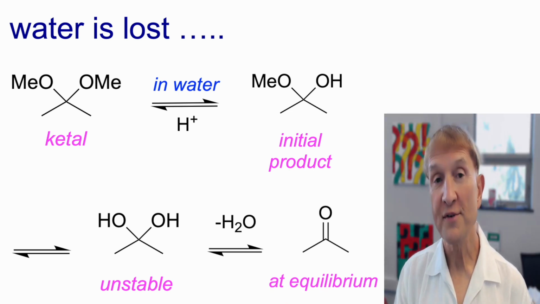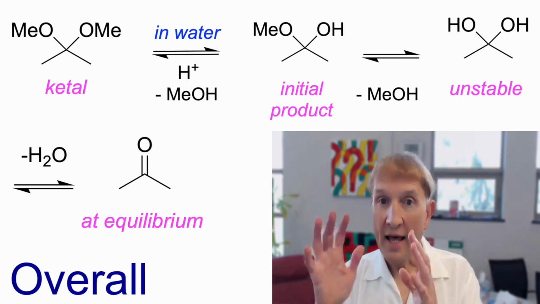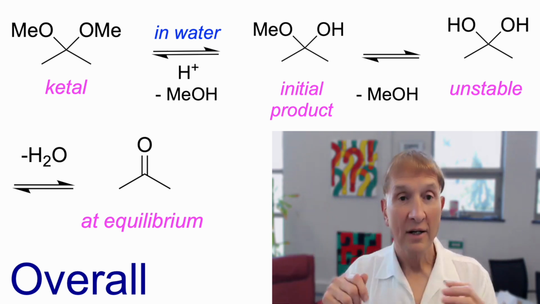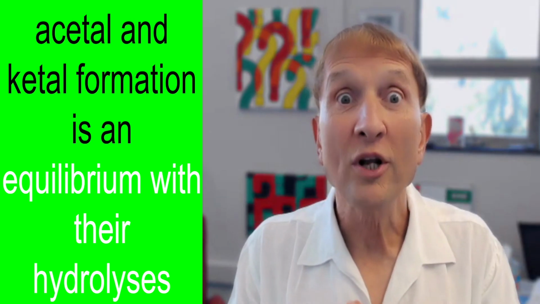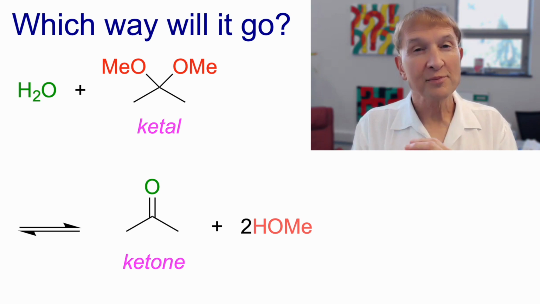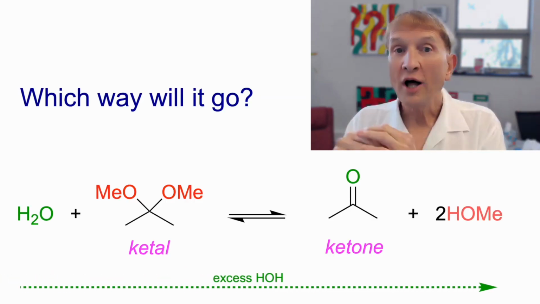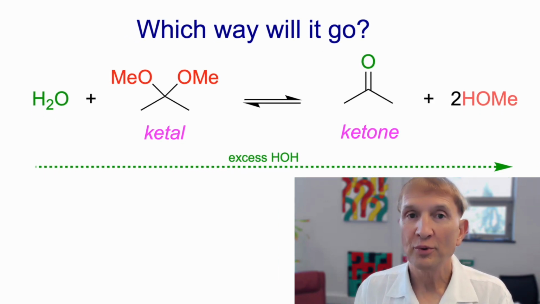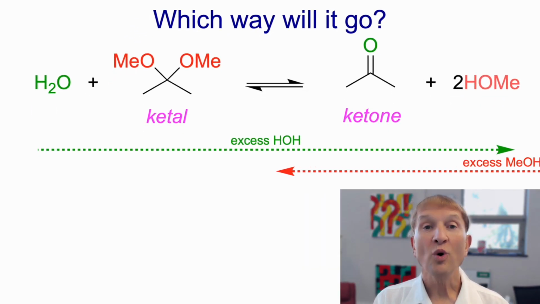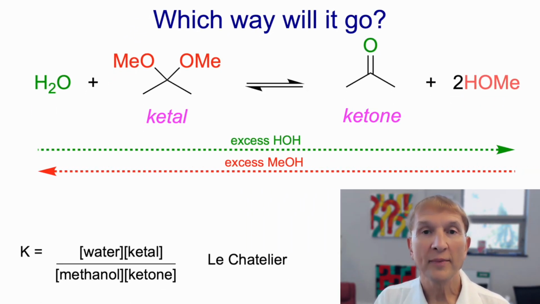The overall process then, ketal, hemiketal, hydrate, ketone, is an equilibrium. And it's influenced by how much water we put in or how much methanol we put in. We can determine what the resting point of the equilibrium is.